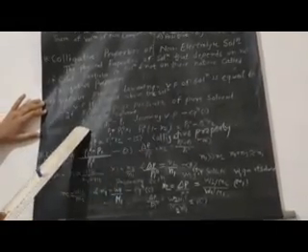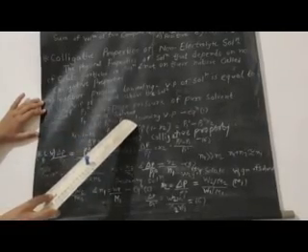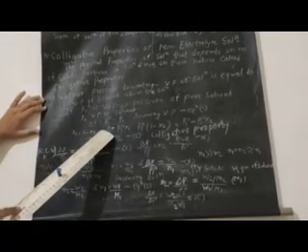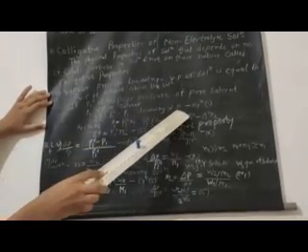If P1⁰ is the vapor pressure of the pure solvent and P1 is the vapor pressure of the solvent in the solution, then the change in pressure is P1⁰ minus P1, that is the lowering of vapor pressure.